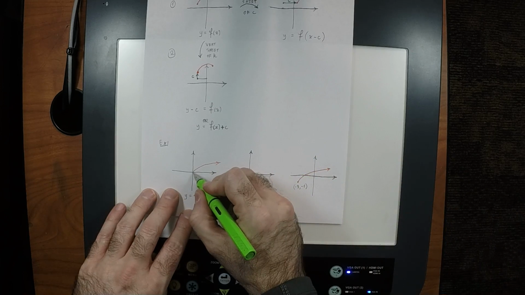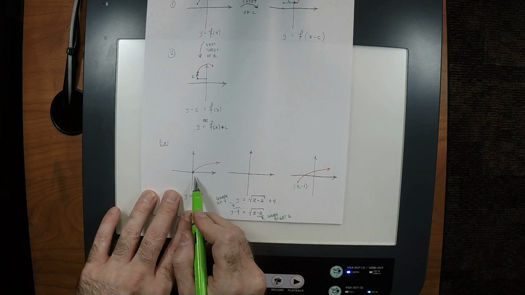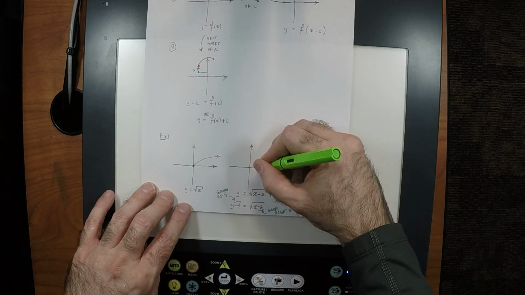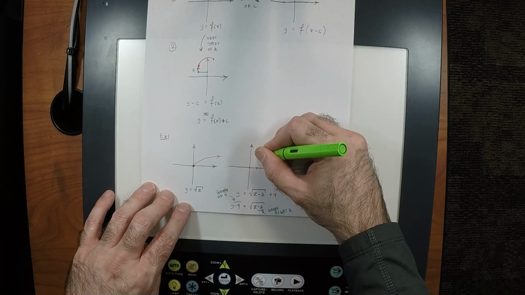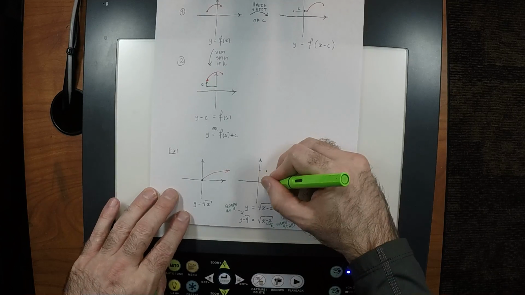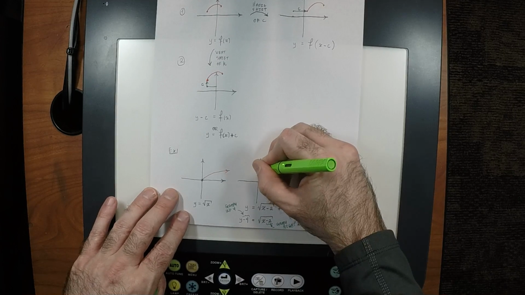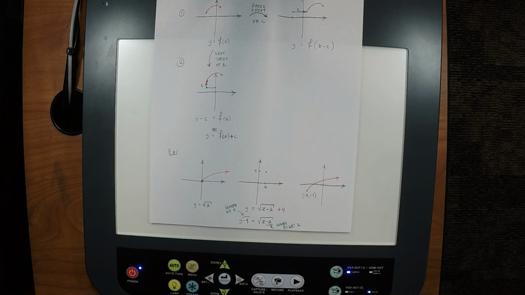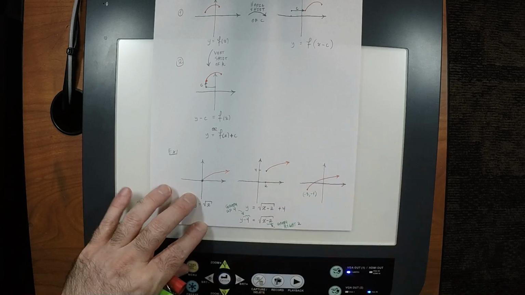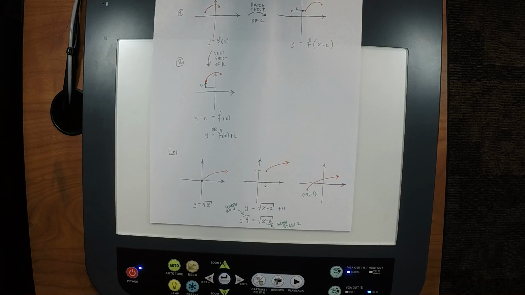So if I single out that point at the origin right there, then I'll just move that point right 2 and up 4. So if that's 2, then that's 4-ish right there. So something like that. Any question about the middle one?